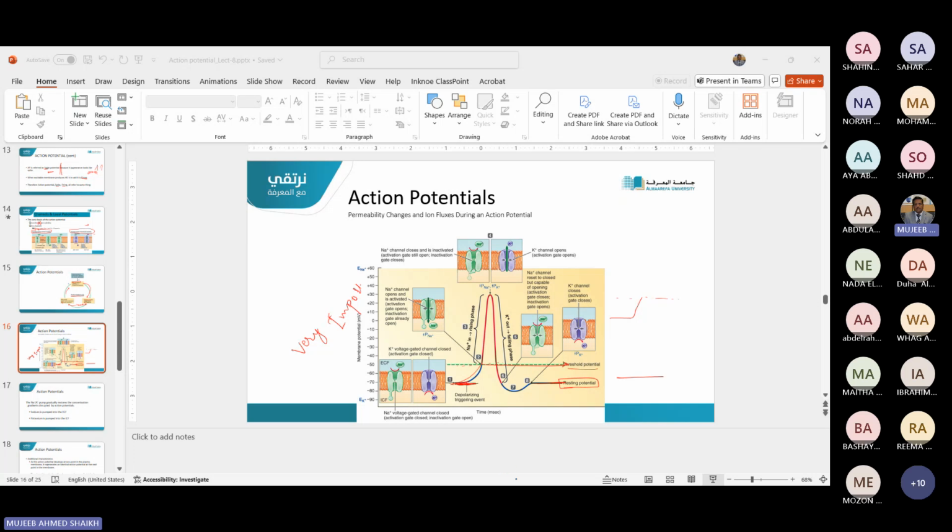Then the sodium potassium pump, after the finishing of this, will restore the same concentration of sodium and potassium inside and outside the cell. So at resting membrane potential, again, the sodium potassium pump will be active.